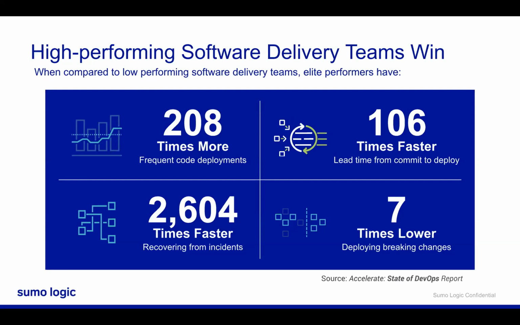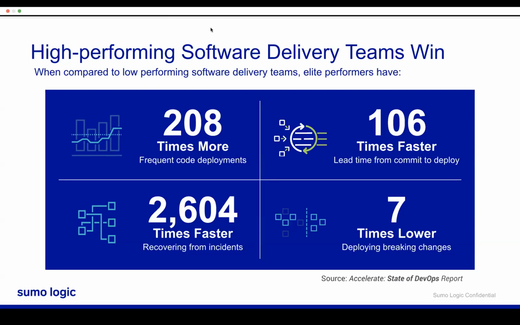Their lead time to change, the commit to deploy time, is 106 times faster compared to the other teams. And at the same time, recovering from incidents or issues or defects is 2604 times faster for the high performance team. Then of course, deploying breaking changes is 7 times lower for the high performing team rather than the low performing ones, right?